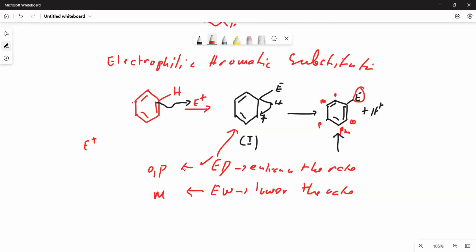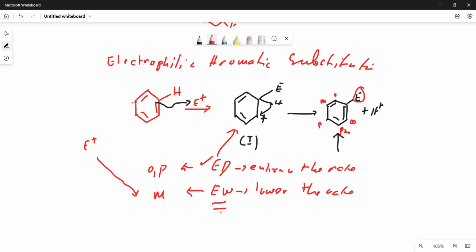Whereas, if the benzene has an electron withdrawing group, it directs the next electrophile at the meta, meaning the meta position has a higher electron density than the ortho and para if the first substituent is an electron withdrawing group.